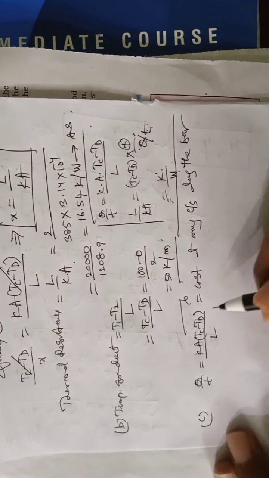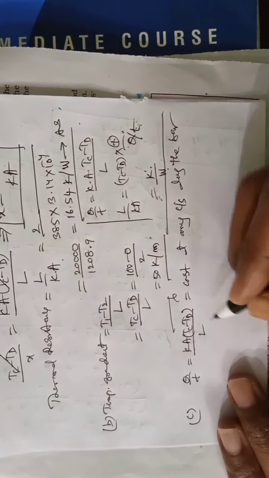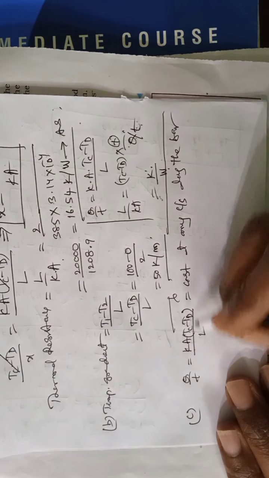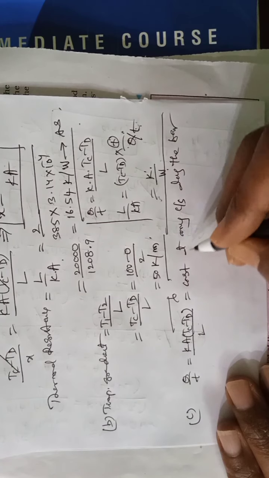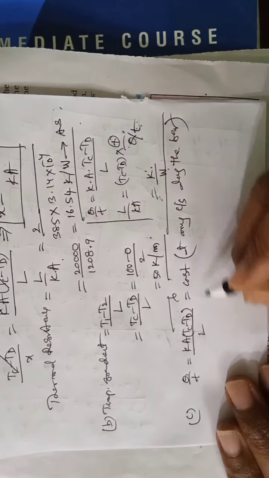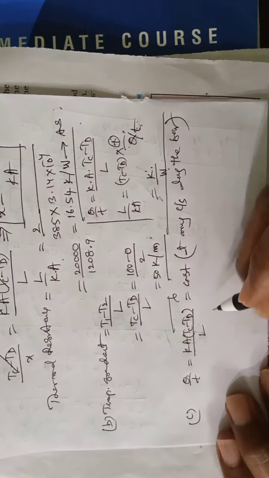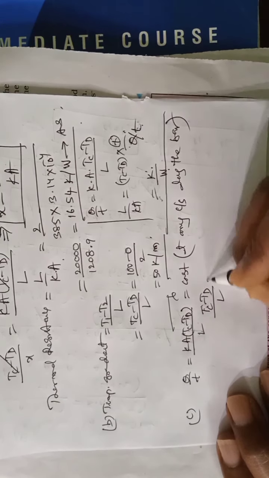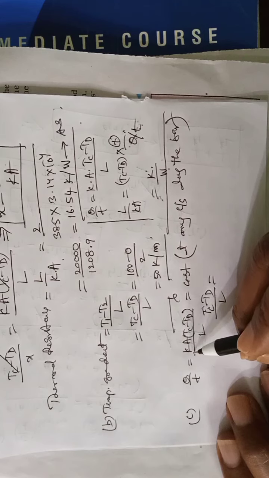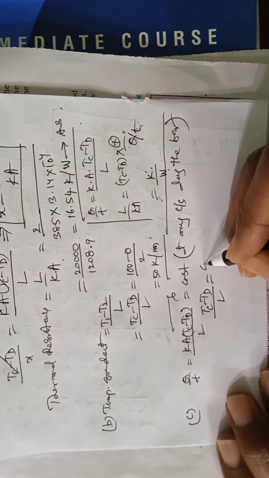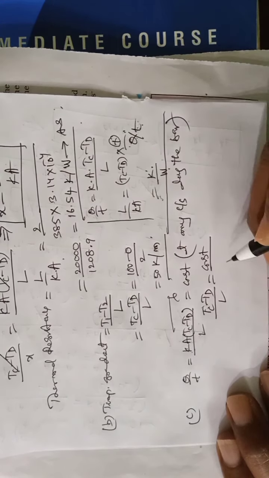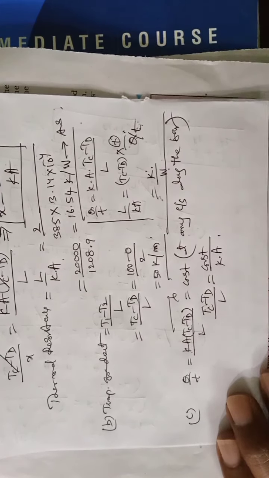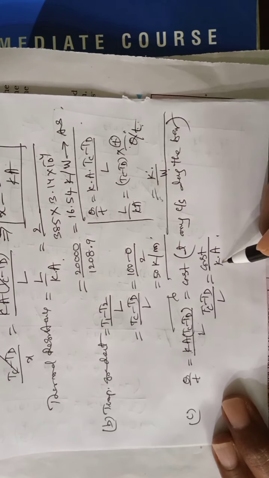If it is a constant, now let me write here Tc minus Td by L. This is equal to constant. Tc minus Td by L is equal to, take this Ka that side, constant by Ka. K means thermal conductivity, it is a constant.